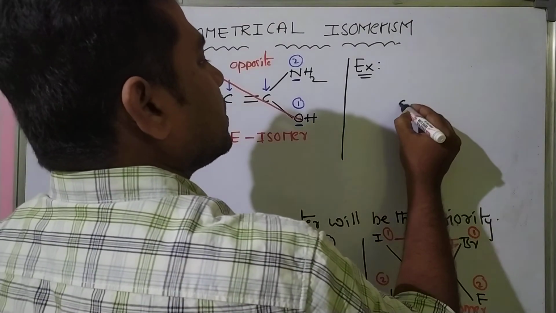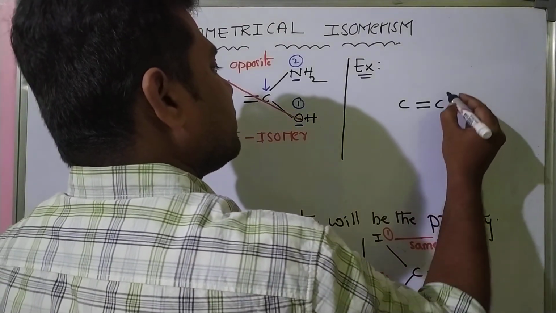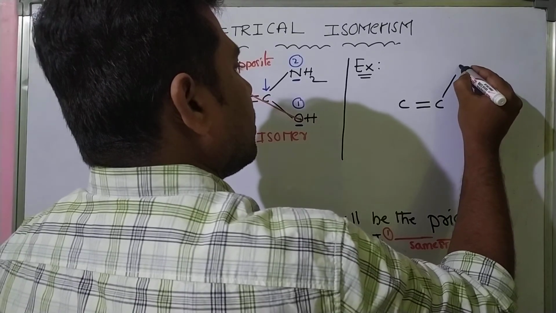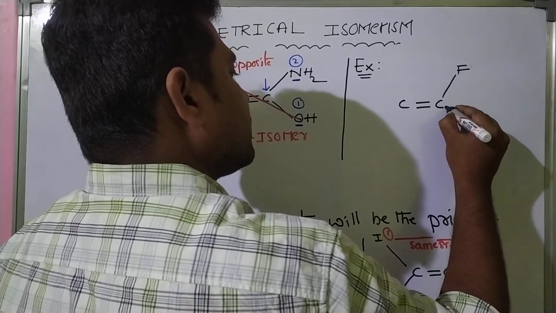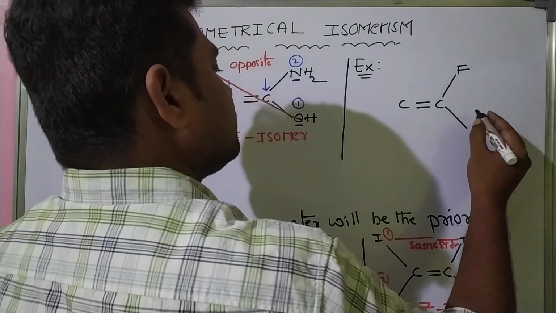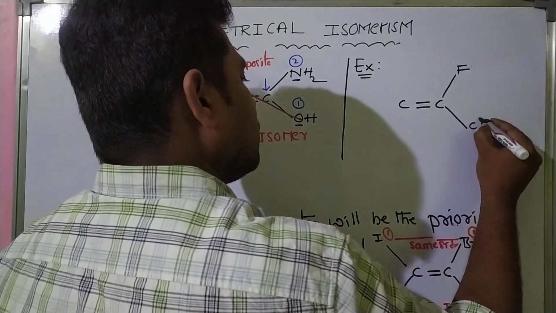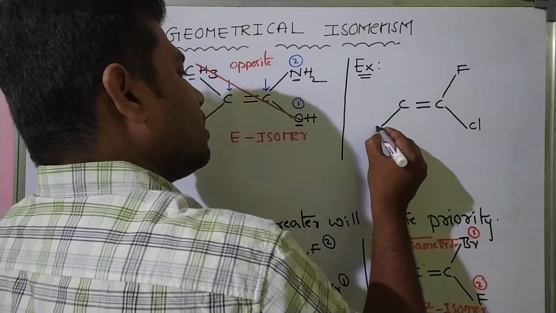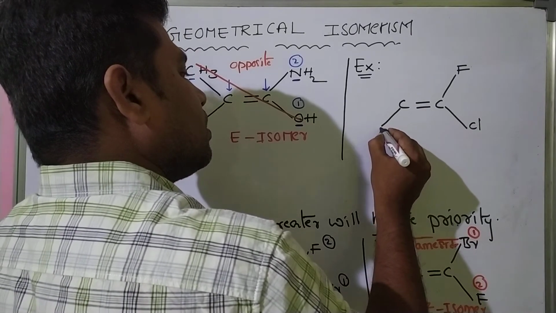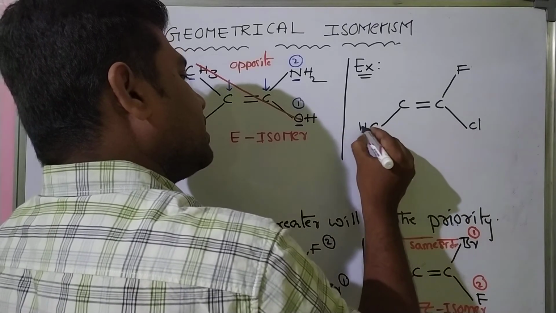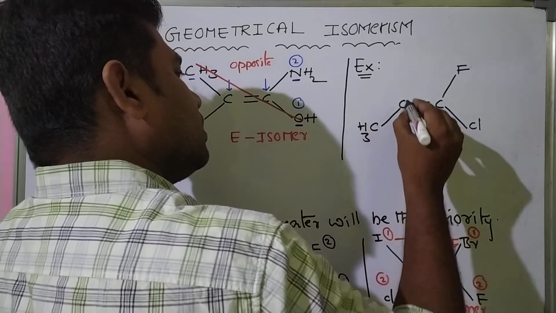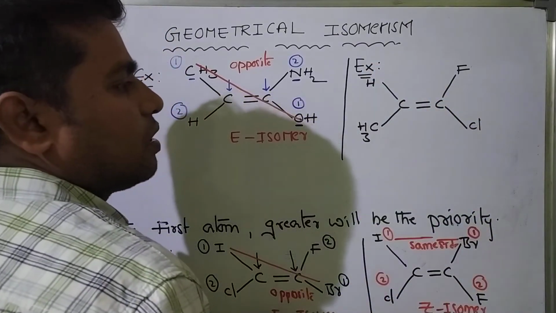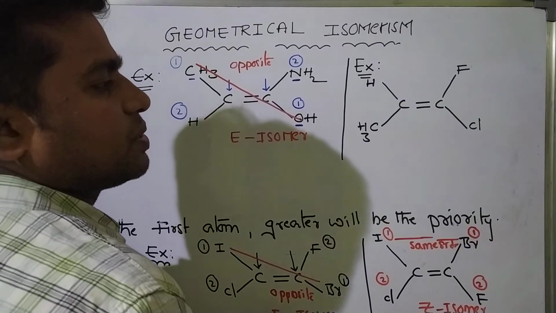Now one more example, C double bond C. So this is a fluorine atom. So this is a chlorine atom. This is a methyl group, again methyl group. So this may be hydrogen. Now assign the priorities.